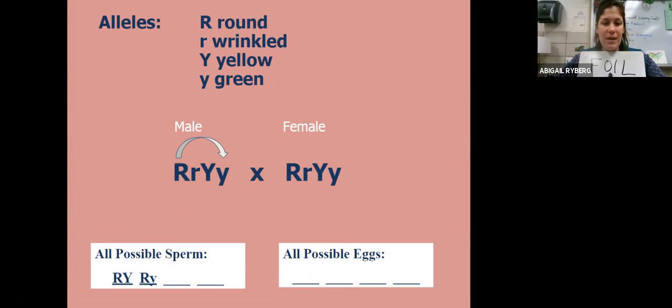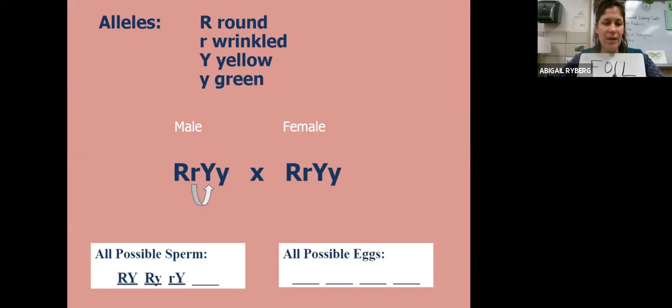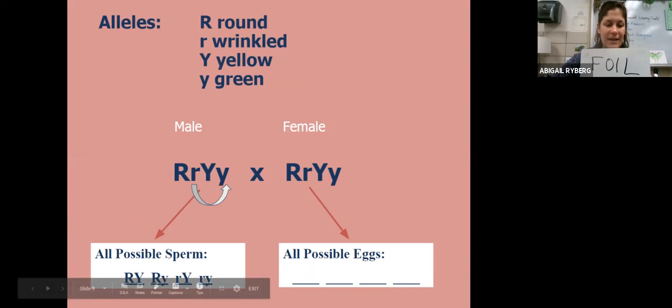Next, the I in FOIL means inner, so the inner R and the inner Y. So we'll have a little r, big Y. And then the L stands for last, so the last R and the last Y. The last sperm here would be little r, little y.